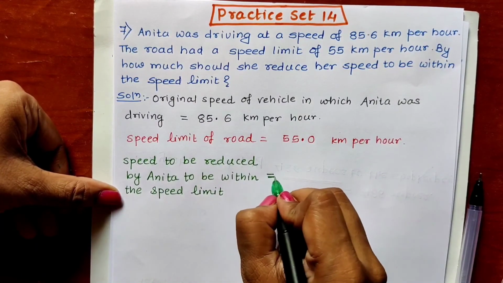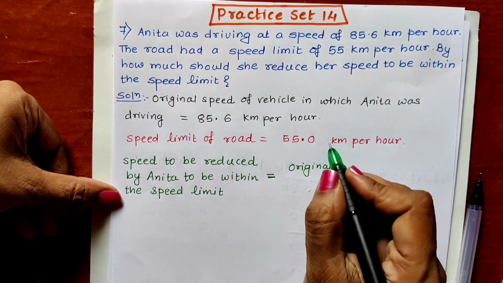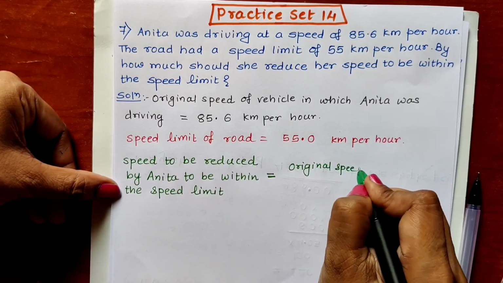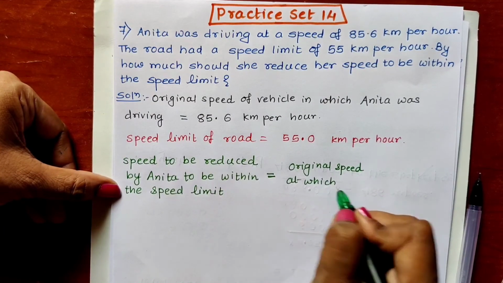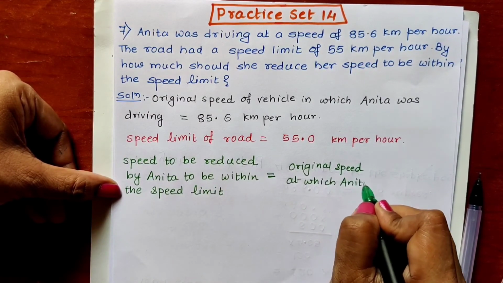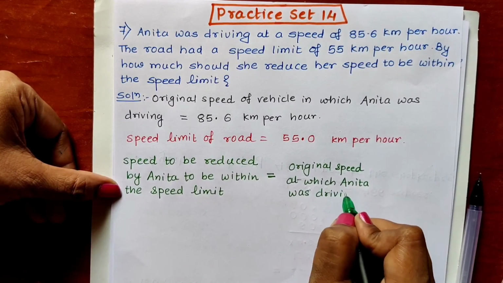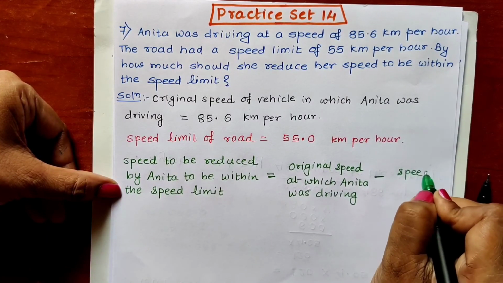So it will be equal to original speed at which Anita was driving minus speed limit of road.